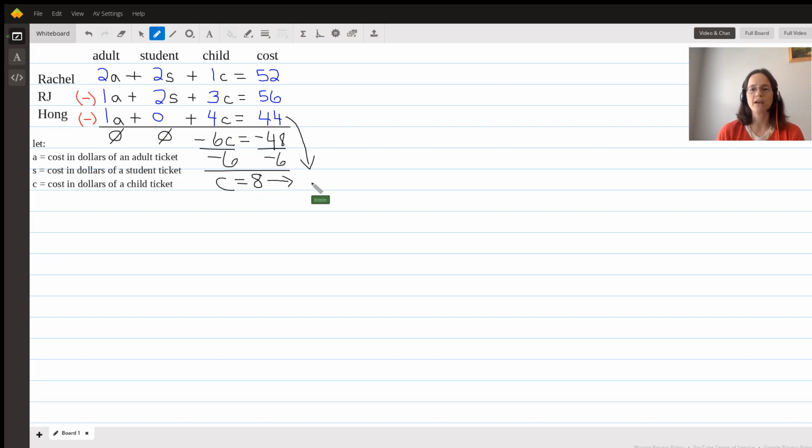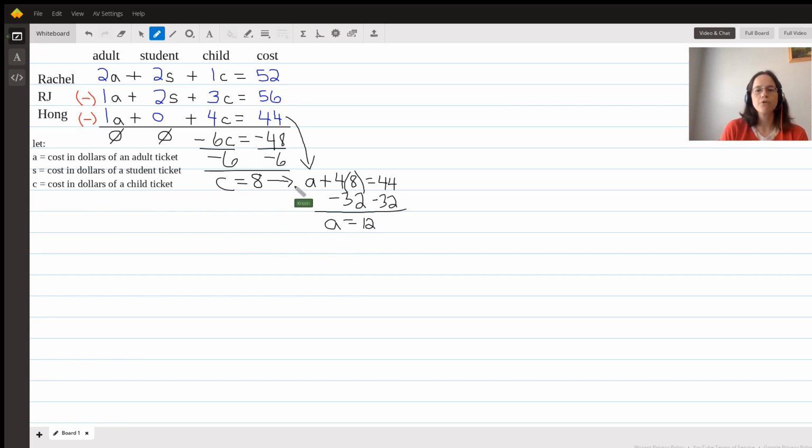So if we combine them together, 1A is just A, plus 4C, but we know each child's ticket cost $8, equals a total of 44. Well, 4 times 8 is 32, so I'm going to subtract that from both sides, okay? And so that leaves me with A equals 12, which means that each adult ticket costs $12.